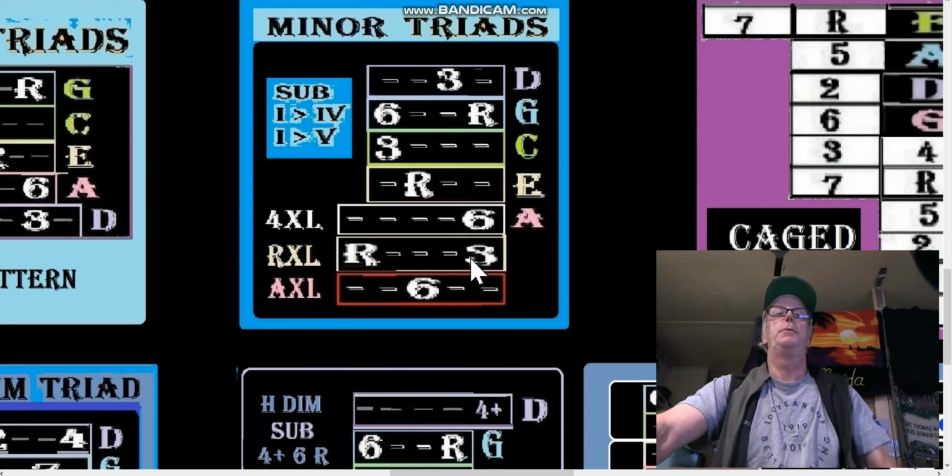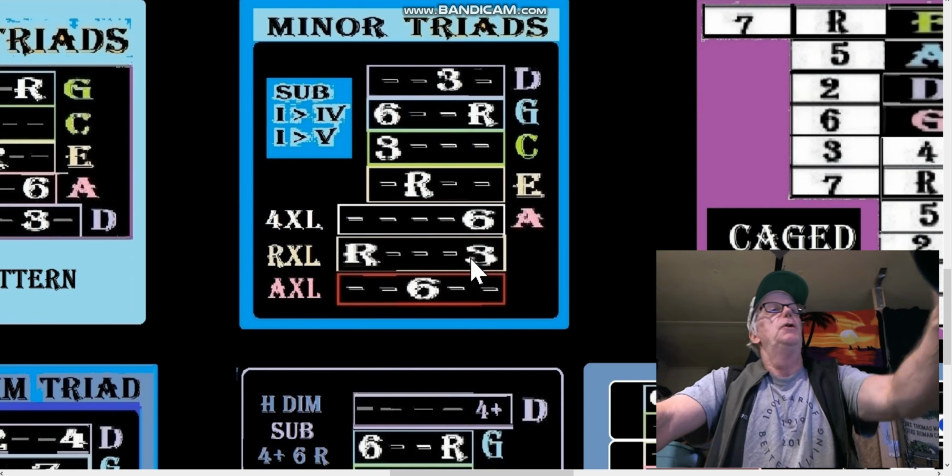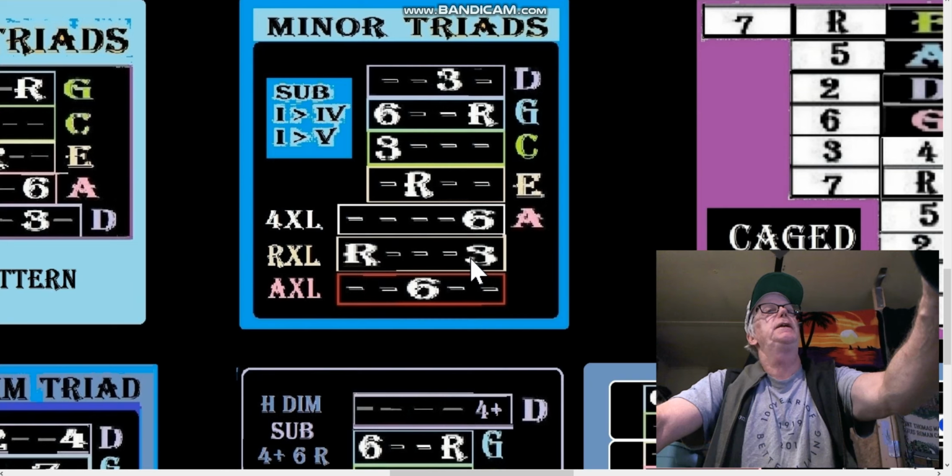So what are we going to do about the half diminished? Well, with the half diminished, we look at a minor substitution initially, and then we raise that 3rd to a Lydian 4th, that's it. Just like that.